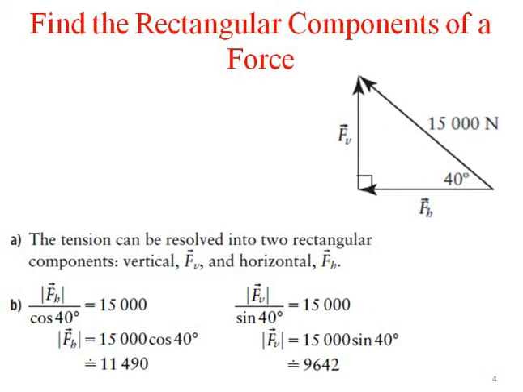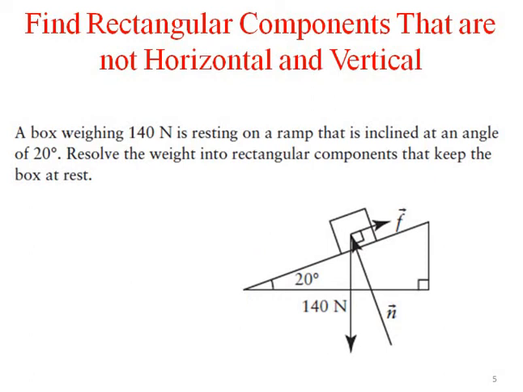So sine 40 equals vertical force divided by 15,000. So vertical force is going to be 15,000 times sine 40. So when you plug it in, horizontal force is going to be 11,490, and vertical force is going to be 9,642 Newton.